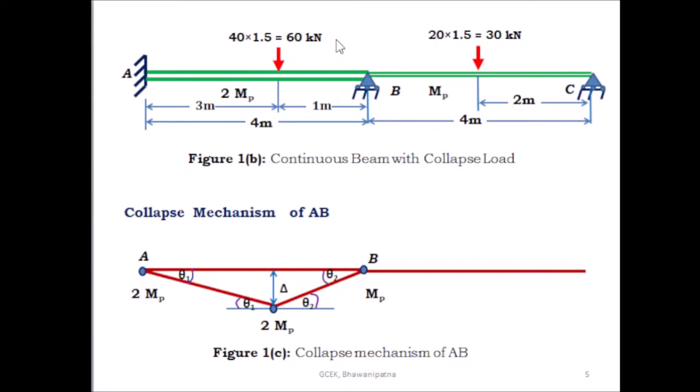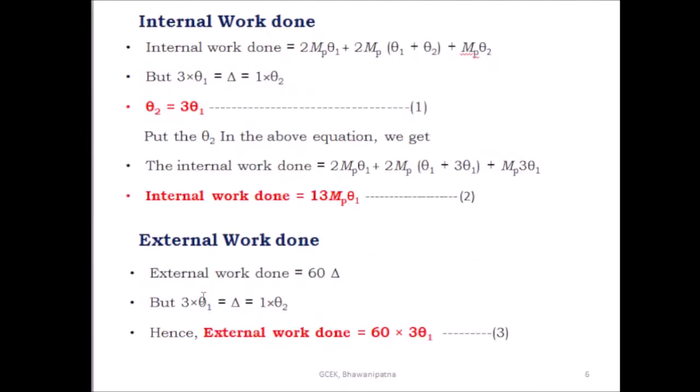The multiplication of the collapse load and the virtual displacement gives the external work done, so the external work done is equal to 60 into delta. But we know 3 theta 1 is equal to delta, so putting delta equal to 3 theta 1, the external work done is equal to 60 into 3 theta 1.